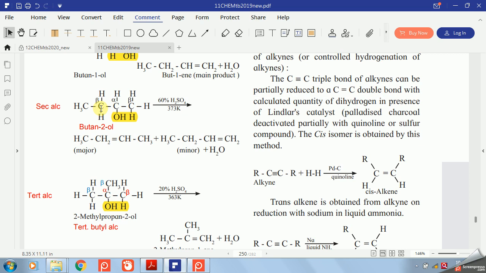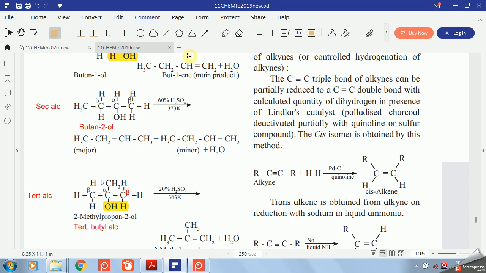One beta carbon is a CH2 carbon, another beta carbon is a CH3 carbon. Okay, so if we remove the hydrogen from the CH3 beta carbon, then the double bond is in between these 2 carbons. So what do we get? CH double bond CH2.